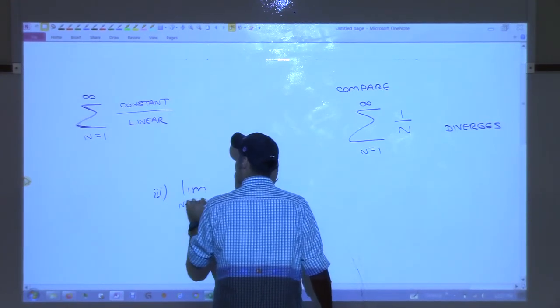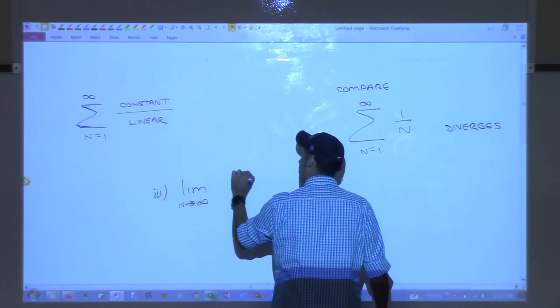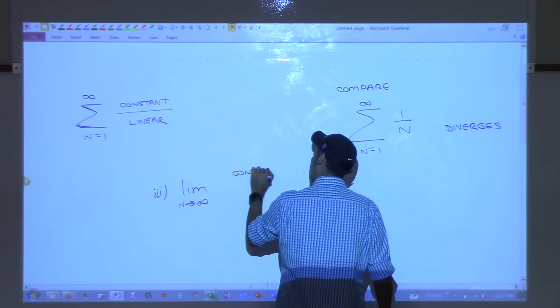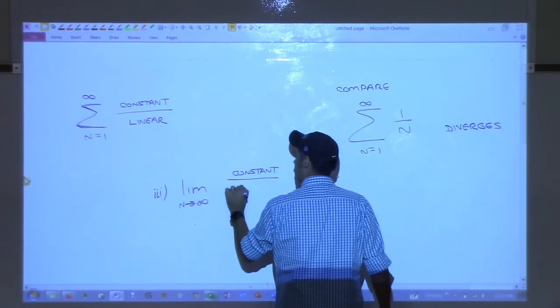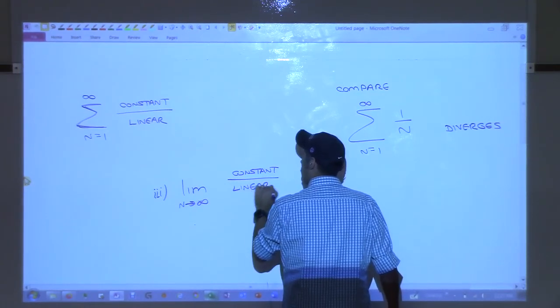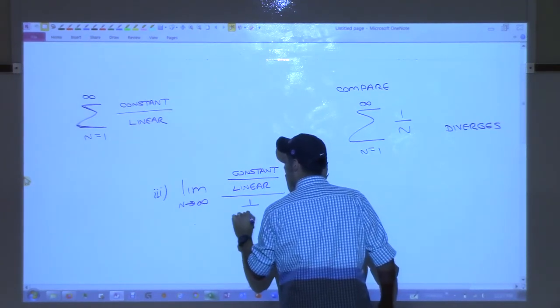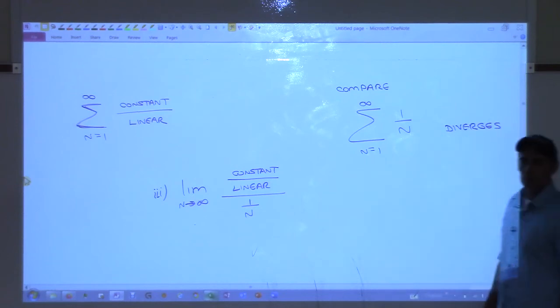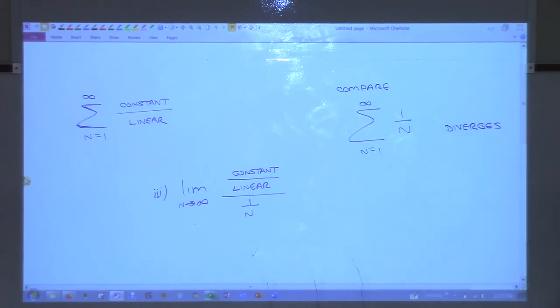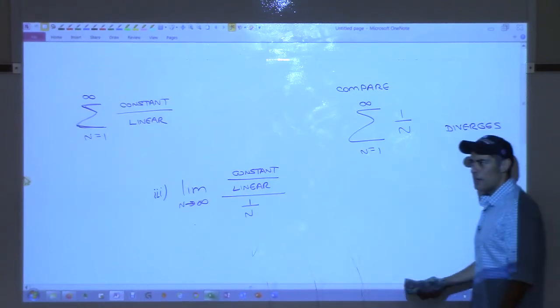Now, if I do the limit as n goes to infinity of a constant over linear over 1 over n, what can you tell me about that limit? It's always going to be a number.